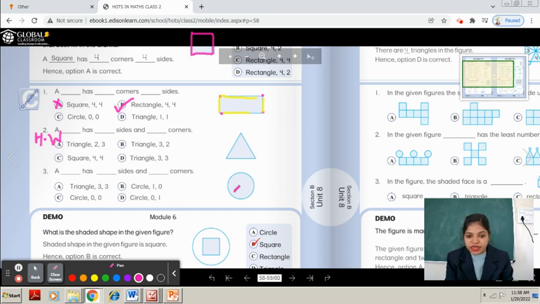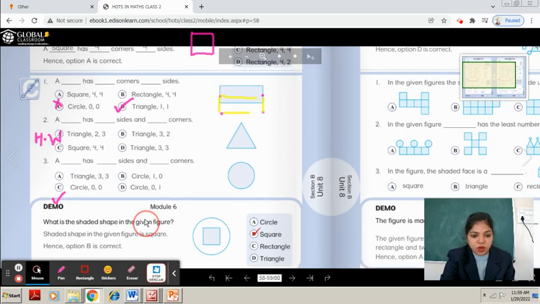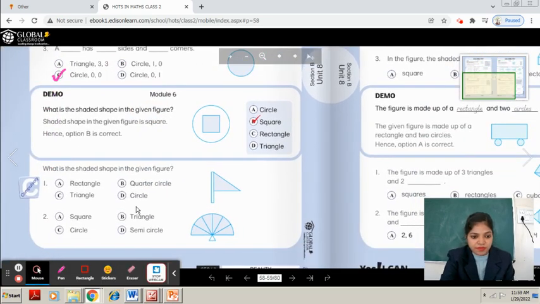And there is no straight line in this figure. So it has zero sides and zero corners. Is it clear? So which option is right? Option C. Okay, beta. In the circle, there is no side and no corner. Okay. Now, module 6.